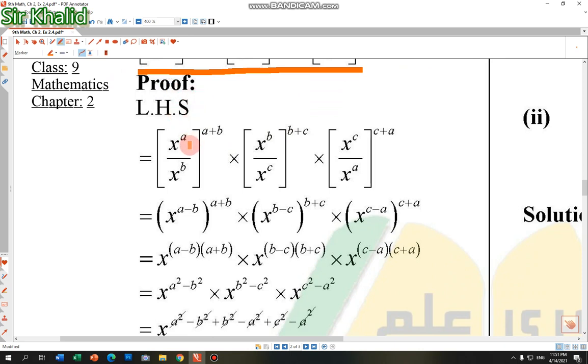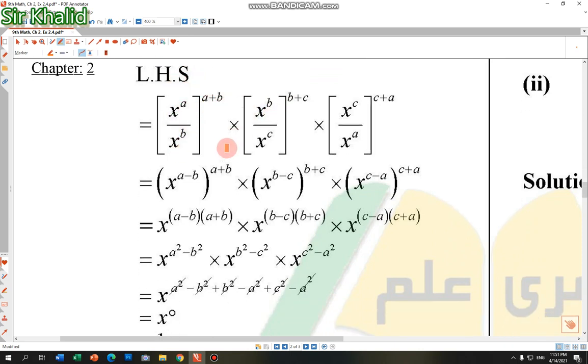Proof: left hand side is equal to (xa over xb) to the power a plus b. Notice the pattern: a b here a plus b, b c here b plus c, c a here c plus a. Now using the law of exponent, these x bases are the same, so the exponents can be subtracted, it will make a minus b.